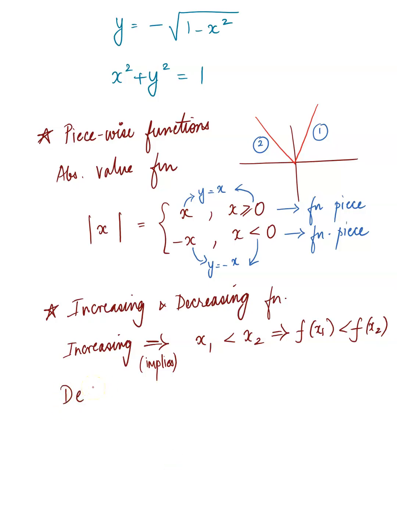As x increases, y also increases. Decreasing function implies that if x1 is less than x2, then f of x1 is greater than f of x2. That means as x increases, y decreases, because f of x is your y, right?